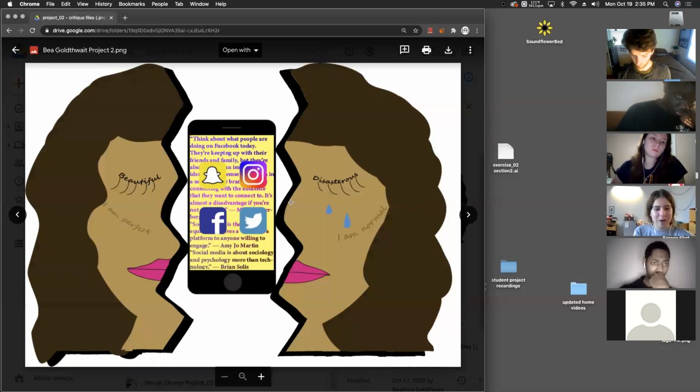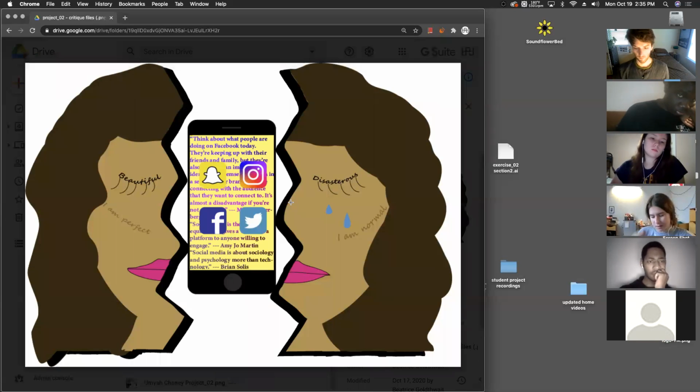Okay, so my project is exploring how social media affects people. So the one side of the face is kind of what's portrayed on social media, like the pictures people post and all that. And then the other side is what social media makes them think about themselves.